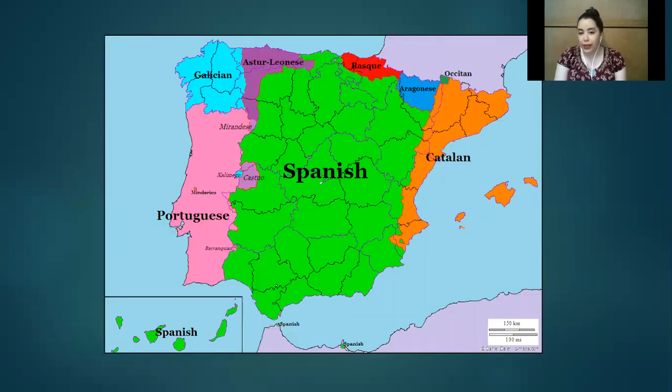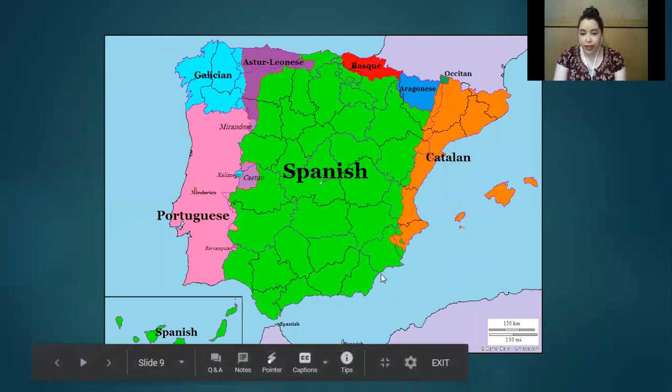So this is a map of Spain and Portugal and the languages that are spoken. And this down here is Africa. The reason that Arabic has so much in common with Spanish is because centuries ago, the Moors from Africa had conquered this area.